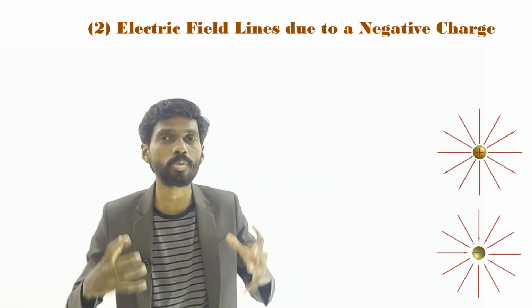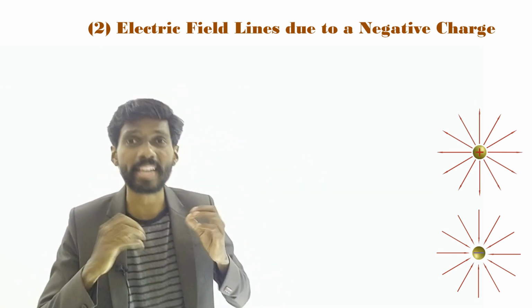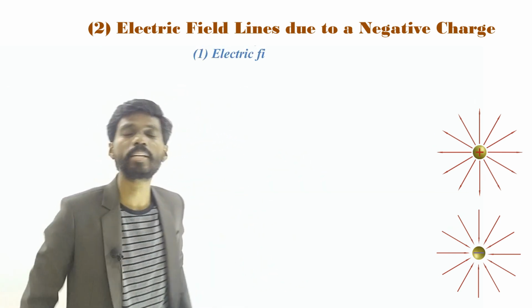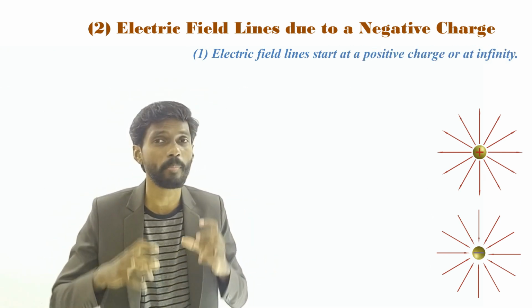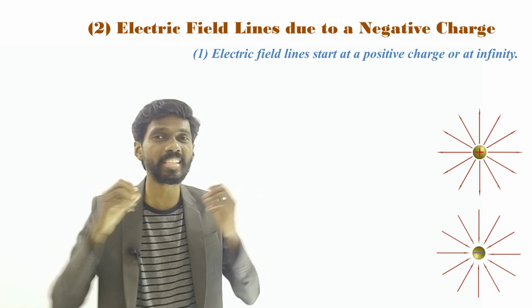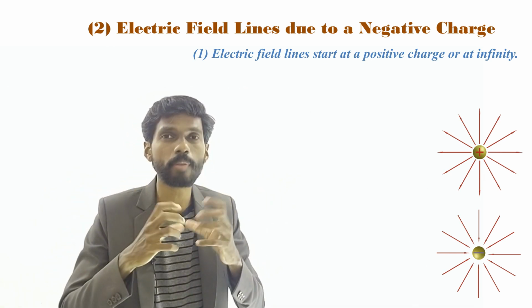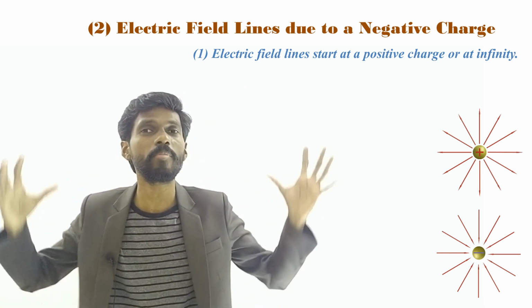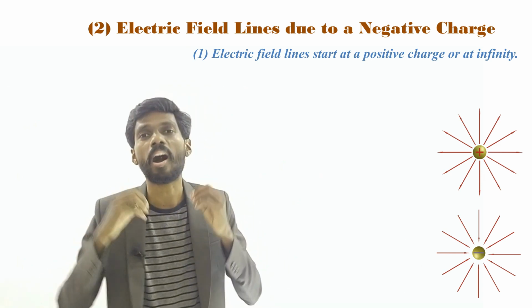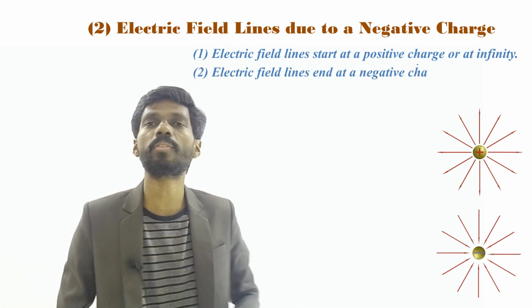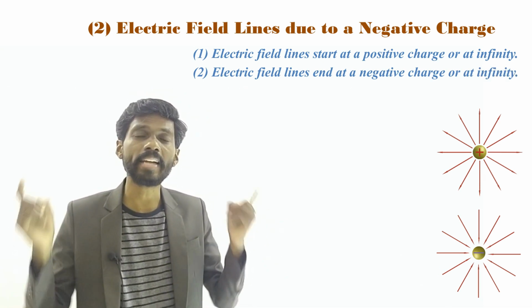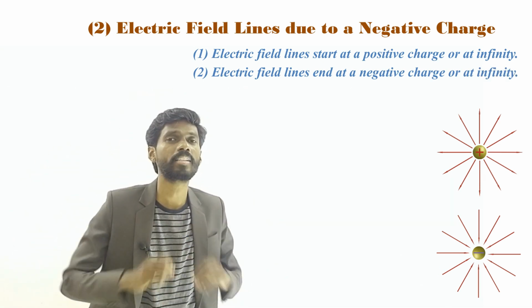So the electric field lines terminate at a negative charge or at infinity. Combining these two cases, we can write some points here. The first point is that the starting point of an electric field line is either a positive charge or infinity. Similarly, the next point is, what is the terminating point? Where do the electric field lines end? They either end at a negative charge or at infinity.